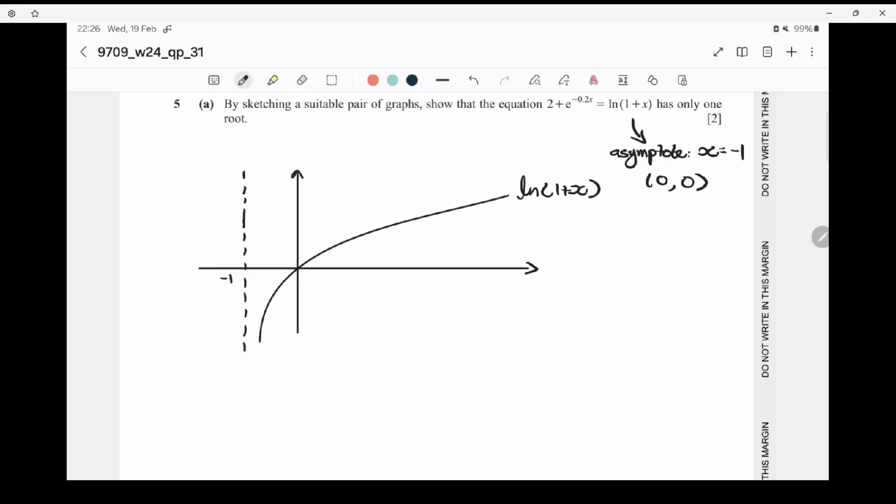So what you need to show is basically the intercept at 1 point. So this will be 2, and let me draw it properly. Yep, so this is 3. So the other graph would be 2 plus e to the power of minus 0.2x.